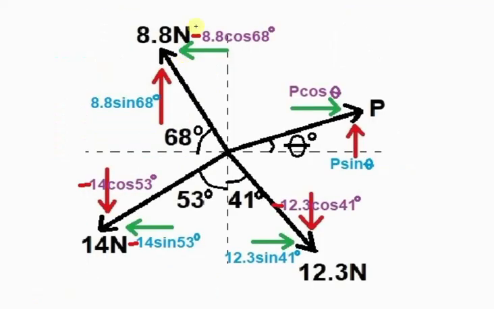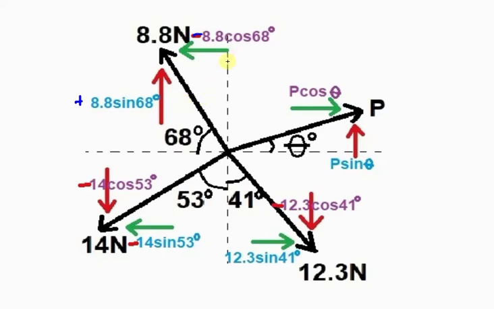Once you are done with that, the next thing is to identify the directions of these components and place your signs. Some will be in the negative direction and some will be in the positive direction. For example, this force is acting against the positive side of the x-axis, so this will be negative. This is positive because it's acting towards the positive side of the y-axis.